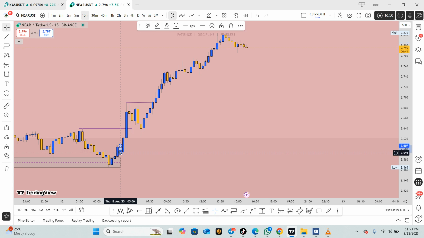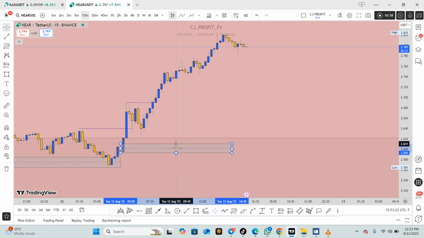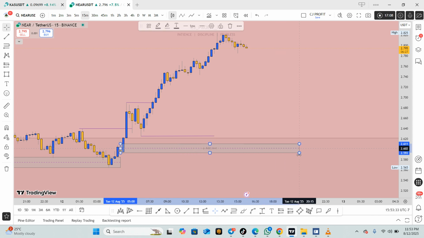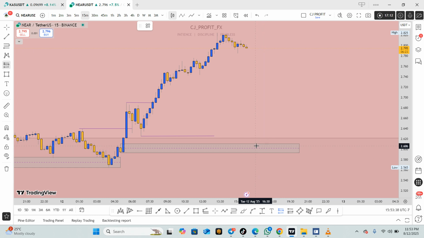We have two other blocks, but we're gonna maintain this other block. We have an inducement. So in 15 minutes time frame, we'll be buying the market from here.